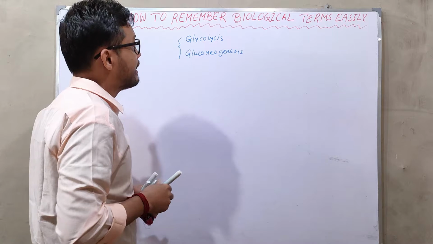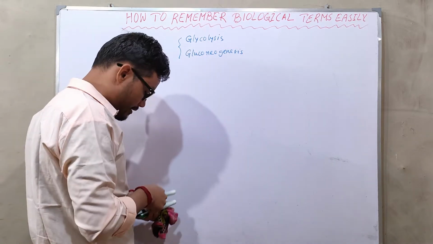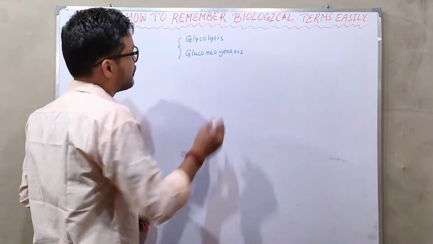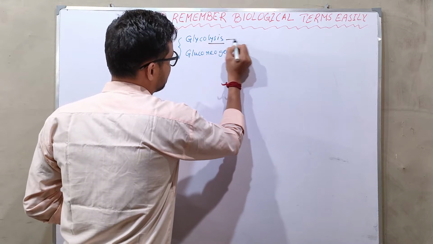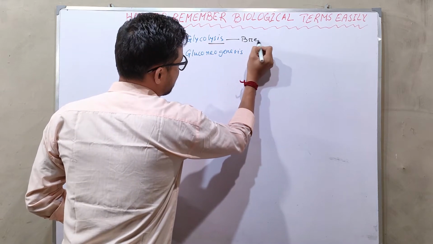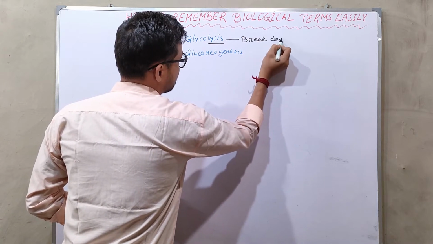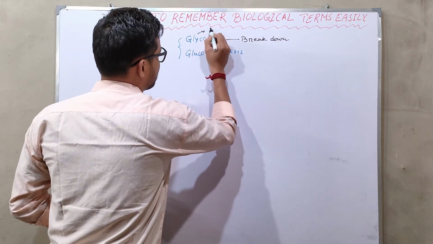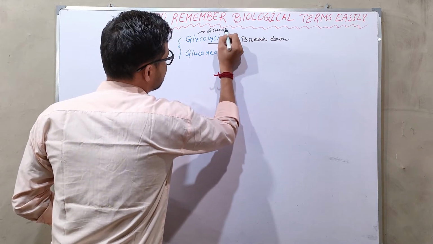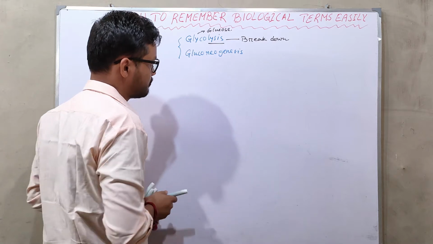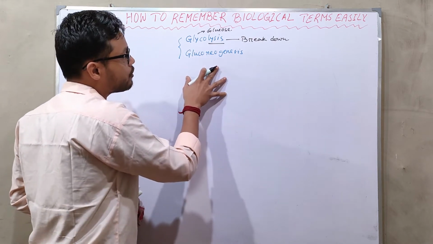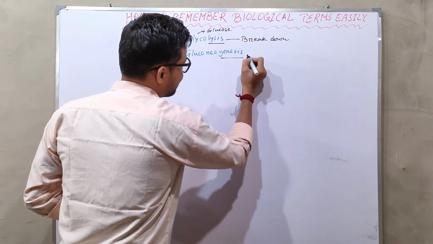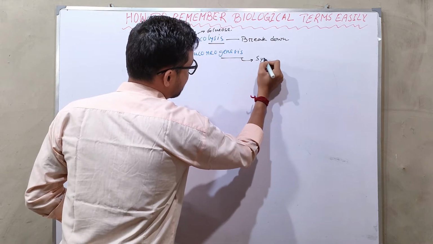If we split the term glycolysis, lysis means breakdown, and glyco comes from glucose, so this is the term for glucose breakdown. And what about gluconeogenesis?